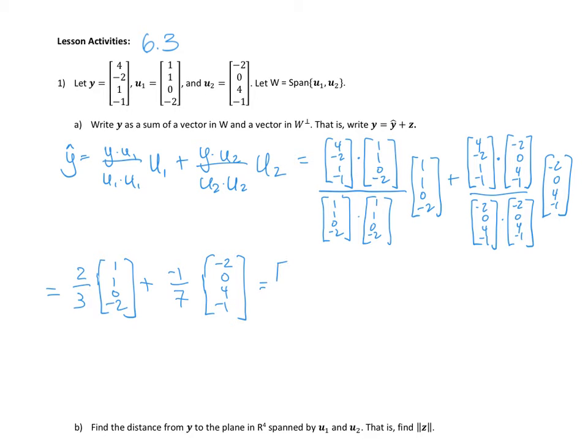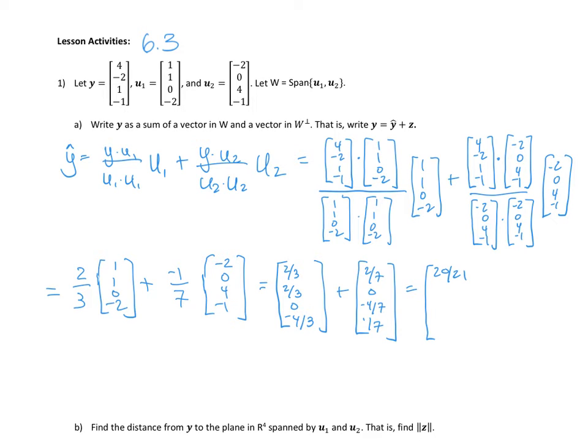Okay, so my vector y hat is going to be 2/3, 2/3, 0, negative 4/3, plus 2/7, 0, negative 4/7, 1/7. Now I have to add these. They have different denominators, so I'm going to have to do a little fraction work in my head or on my calculator. 2/3 plus 2/7, and I get 20 over 21.